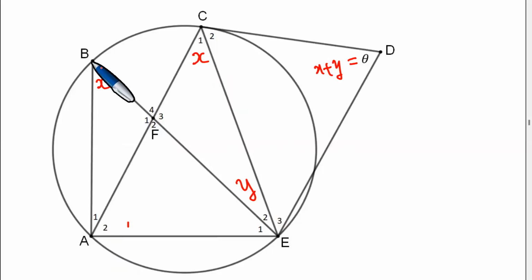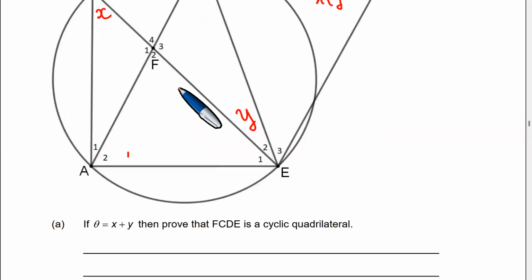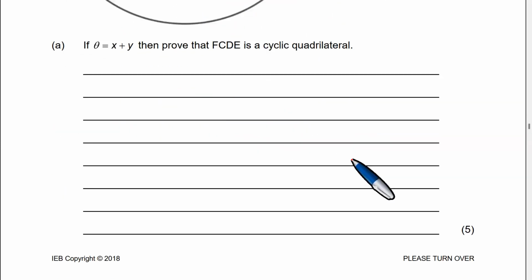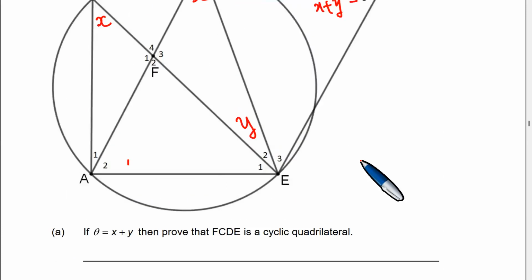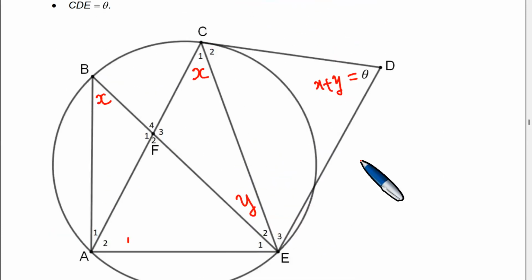Why? Because the chord subtends that angle B and it subtends angle C1. So we can observe that angle B is equal to angle C1 because they are both equal to X, angles in the same segment. That is the first thing we need to write for a total of 5 marks. Very easy proofs given in this paper.